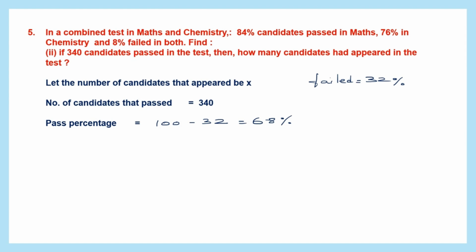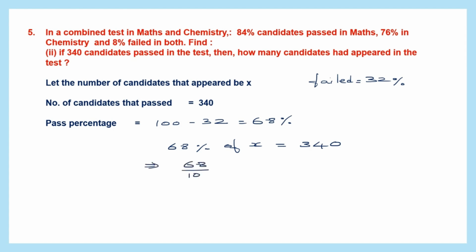So now to find the number of candidates that appeared in the test, we can say 68% of x is equal to 340. So 68% is the pass percentage of the total number that appeared is 340, because the question says 340 passed. So now let's solve this.